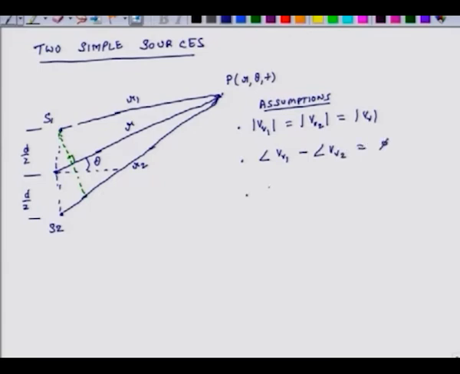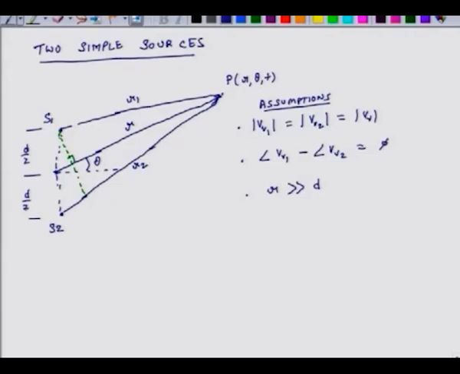And the third thing which we had assumed was that radius r is extremely large compared to d, where d is the overall distance between the two sound sources.